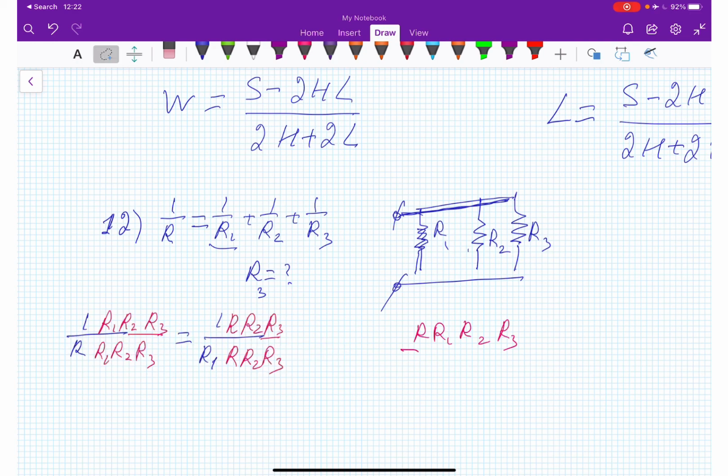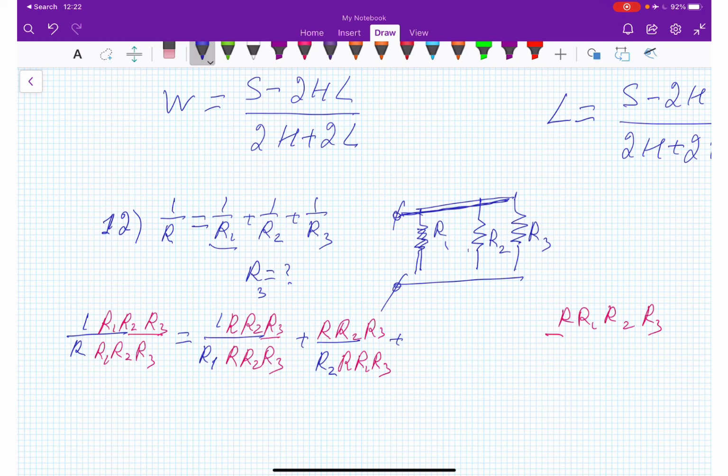And then plus second one, I have R2, so I am missing R, R1, R3. Here is R, R2, R3. Okay, let me move this common denominator further. There we go.